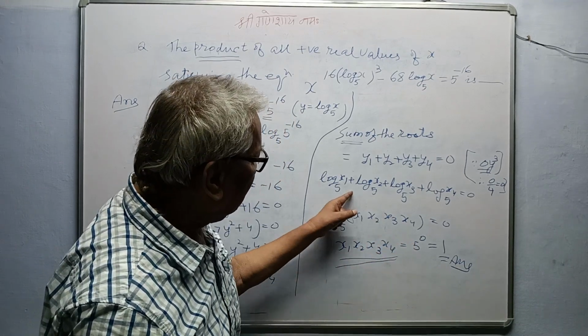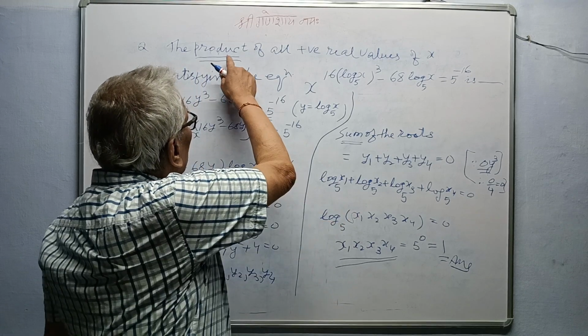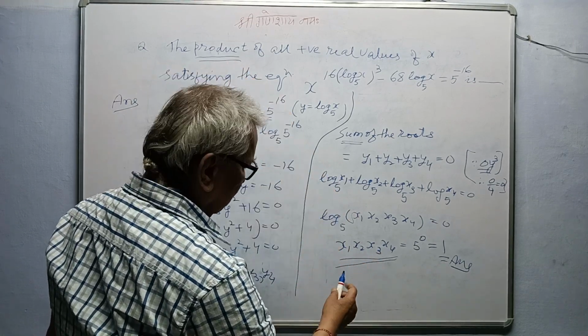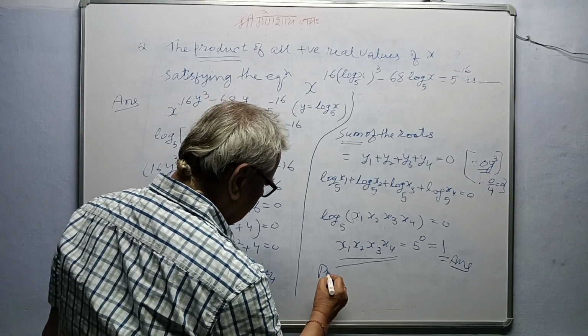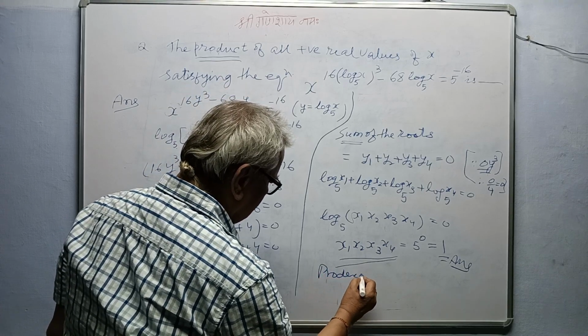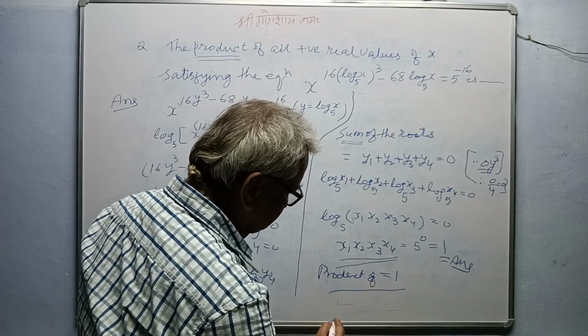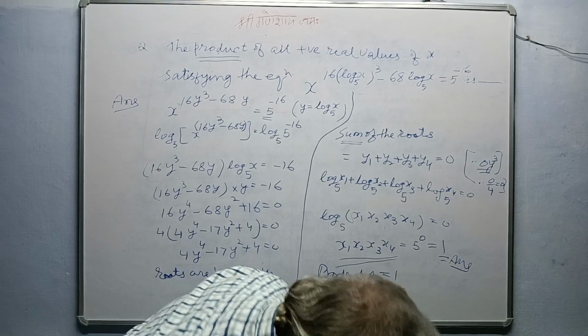That's why we have not taken the product here. So product of real values: product is equal to 1.